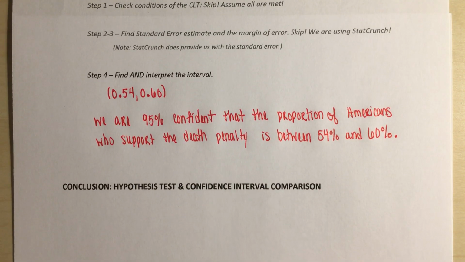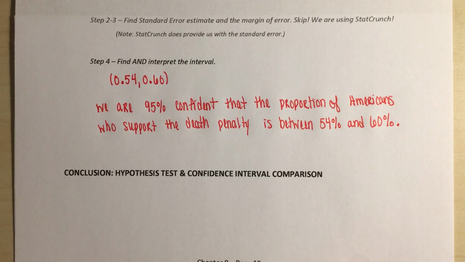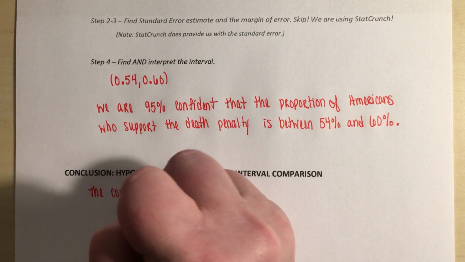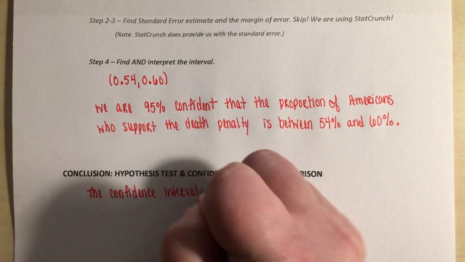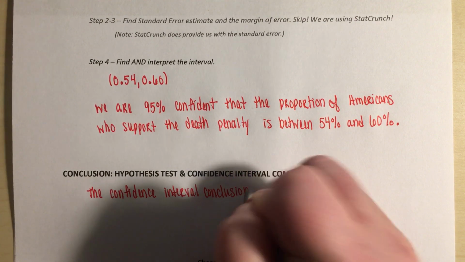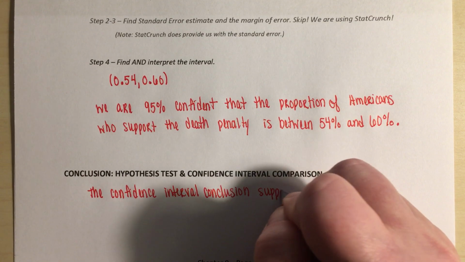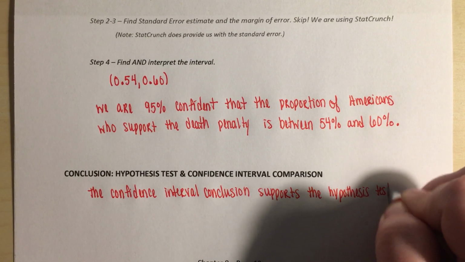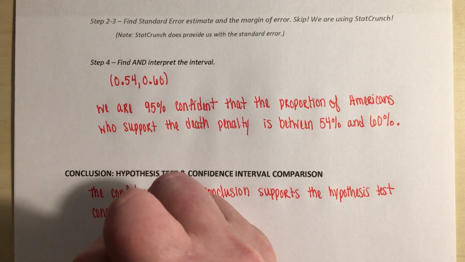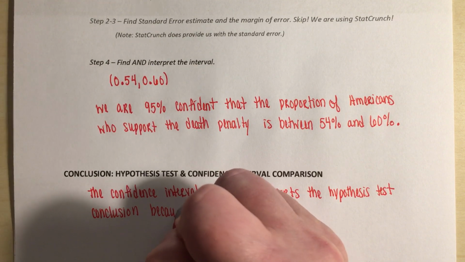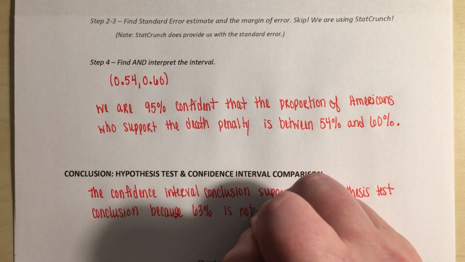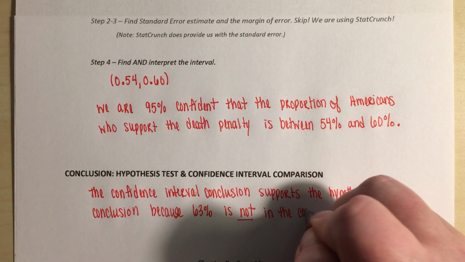So now if we look at this in the context of our problem, our original P naught value was 63%. 63% is not within this confidence interval. So the confidence interval conclusion supports the hypothesis test conclusion because 63% is not in the confidence interval.